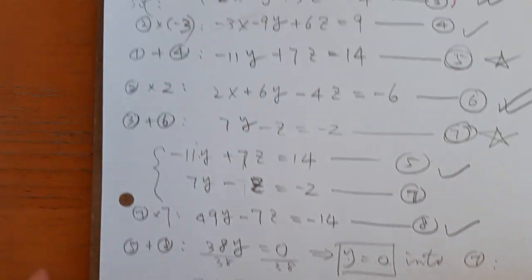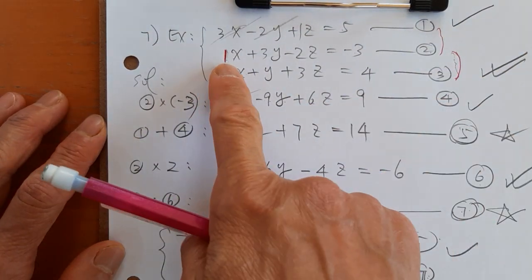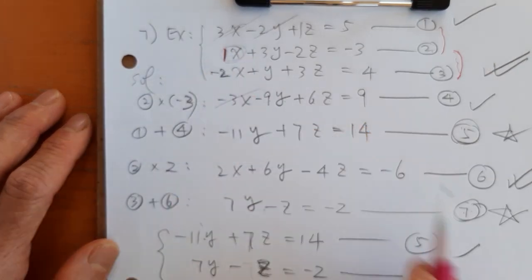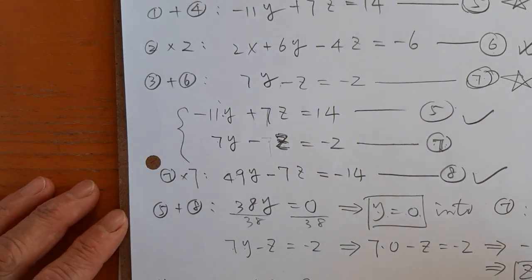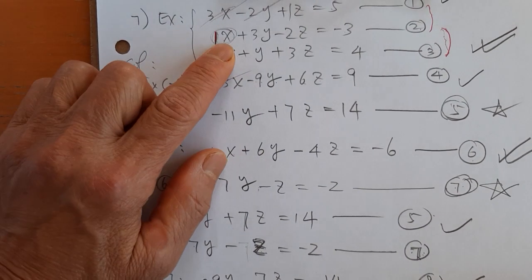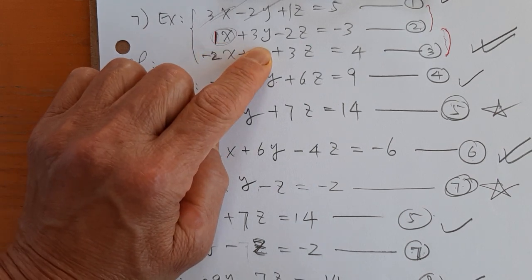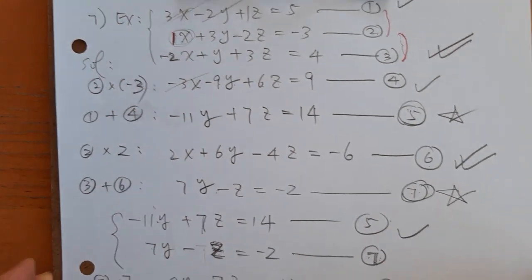Then you can plug into either the first, second, or third equation to get x. Since the second has only one x, plug into the second one, easier to do. The second equation is x plus 3y minus 2z equals -3.